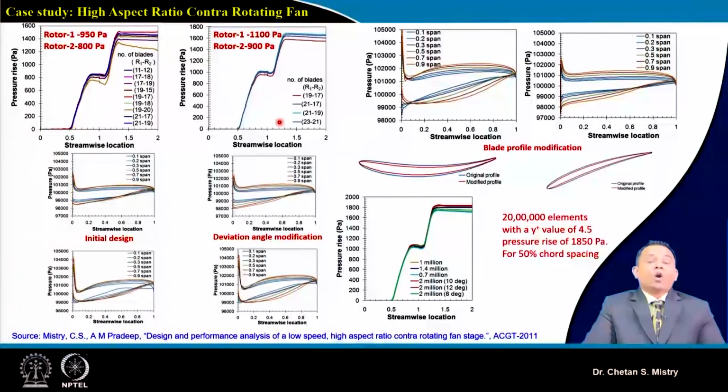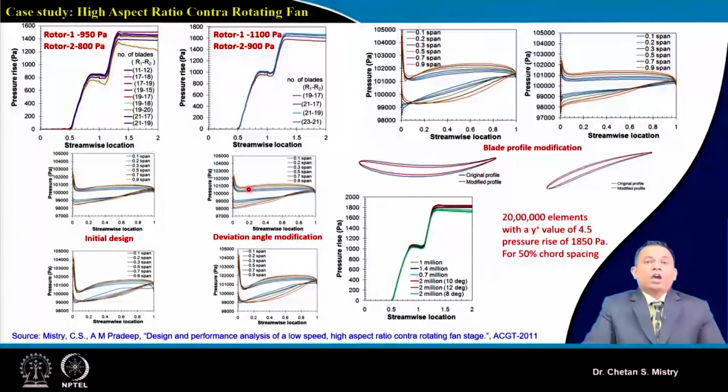The height of the blade was 135 mm, and the chord was 45 mm for both the rotors. Doing diffusion within this 45 mm blade passage is very challenging, but that's a challenge for the design, and that's what we opted for.